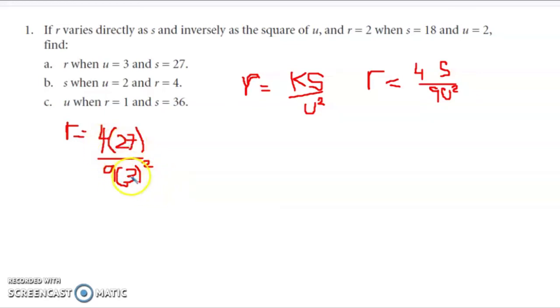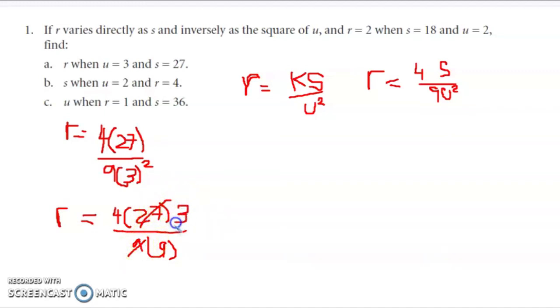Actually, this can be simplified by cancellation of factors. So first, let me show you how it's done. So this now 3 squared is 9. Okay, so times 9. Remember that 9 and 27 can be divided. 27 divided by 9 is 3.